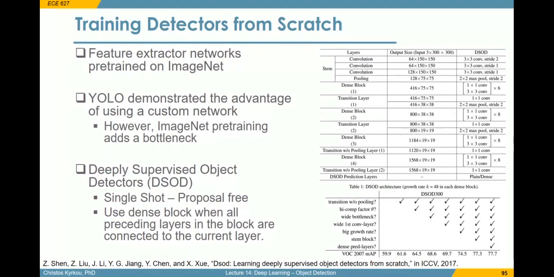So there is this connectivity pattern that leads to better flow of gradients into the early layers. So it enables signal from the gradients to reach these starting layers. And this makes it possible to train a network from scratch without having to go through ImageNet pre-training. So as you can see, the results here are quite close to what other methods with pre-training have achieved. Of course, we're not there yet, but there's some line of work that goes in this direction.